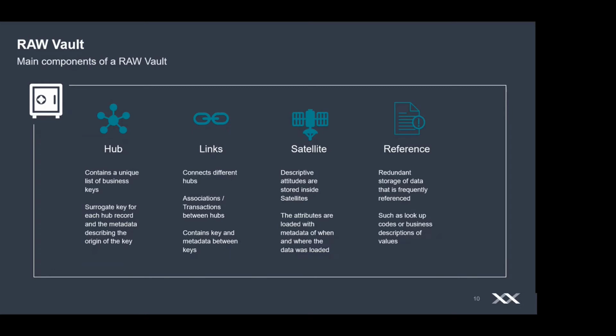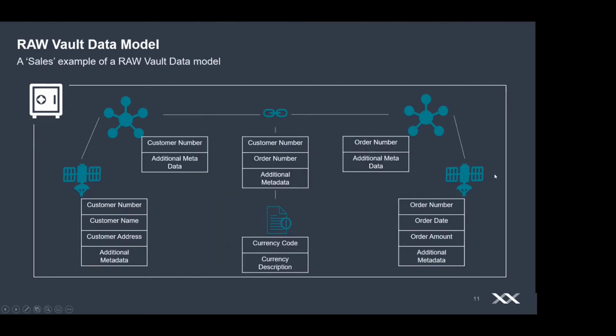So if we take a look at an example of a raw vault data model, it's a very basic example. First we separate the important attributes into hubs. We have, for example, customer data and order data. These tables are then connected through a customer order link table.